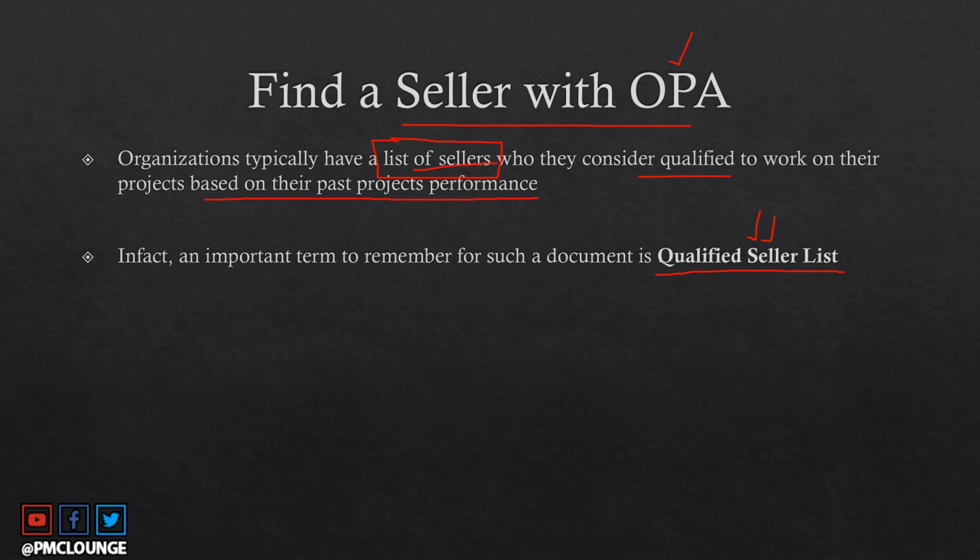That's why ending up in a company's qualified seller list is every seller's dream. So this qualified seller list is actually an OPA. This is an organizational process asset. So whenever you see OPA as an input in one of the procurement management processes, this is actually the reason.